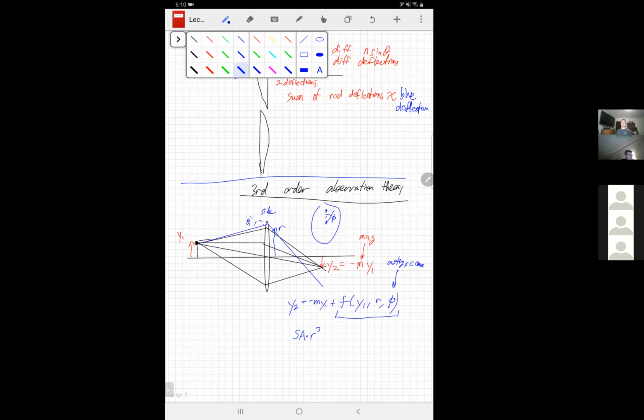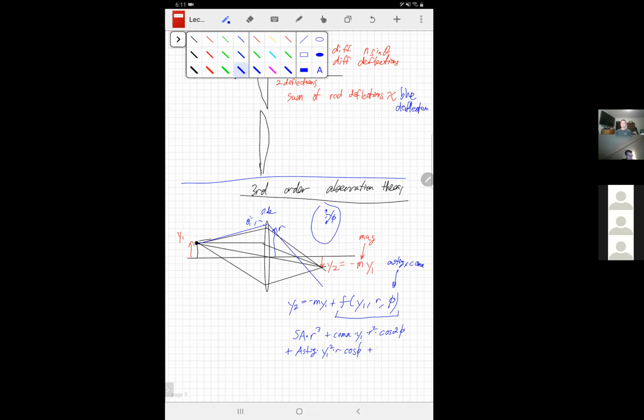Another term would be, we'll call it coma, times y1 times r squared times cosine of 2 phi. And another term would be our astigmatism term times y1 squared times r times cosine phi.